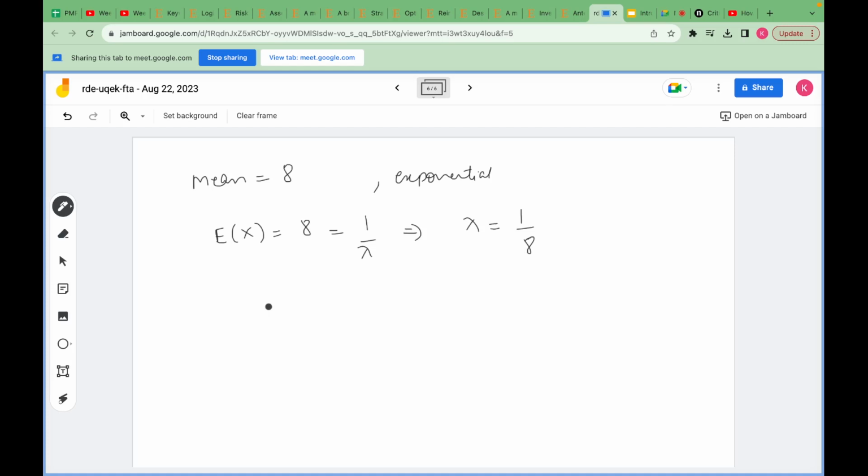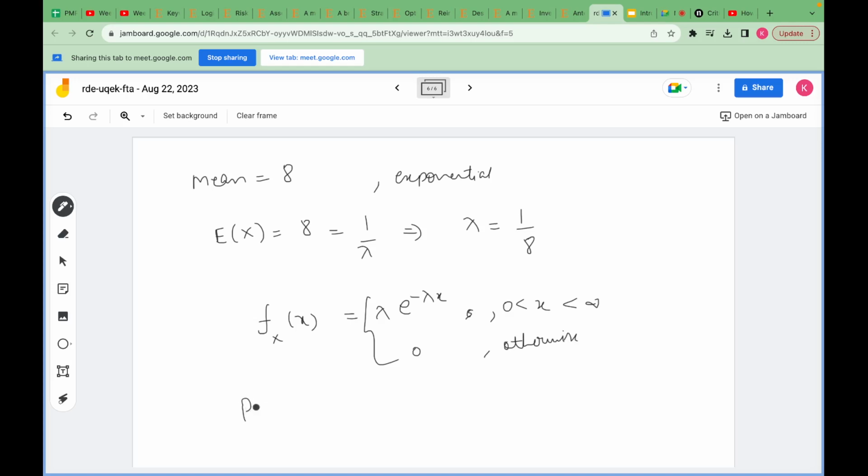Okay, and now we know that the probability density function of the exponential distribution is lambda times e to the power minus lambda x, when x ranges from 0 to infinity and 0 otherwise.